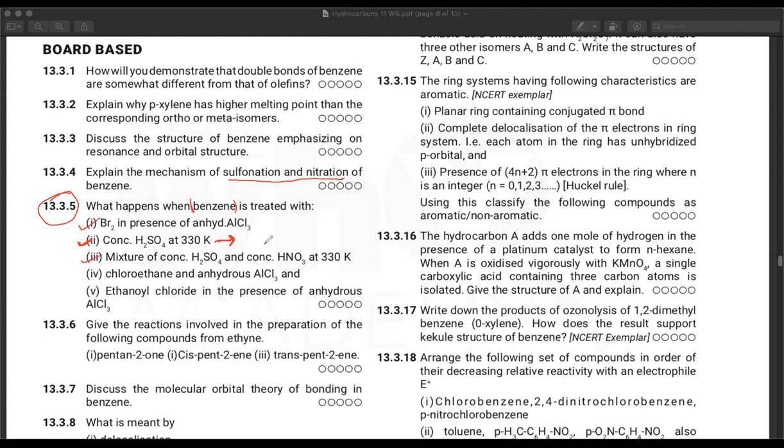Ma'am, can you give the name of the product for the second one? Because the third one is nitrobenzene. So this is the product: you have benzene and SO3H. Sulfobenzene. Okay, thank you. Can you guess what the product is in this case? You've got benzene and NO2.